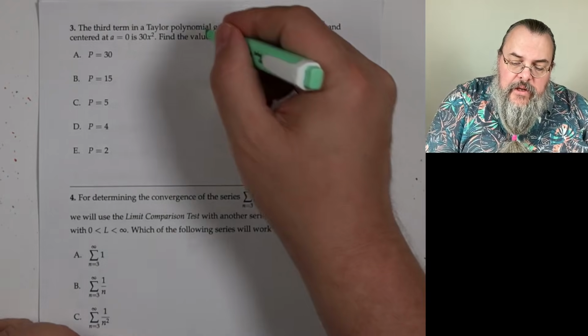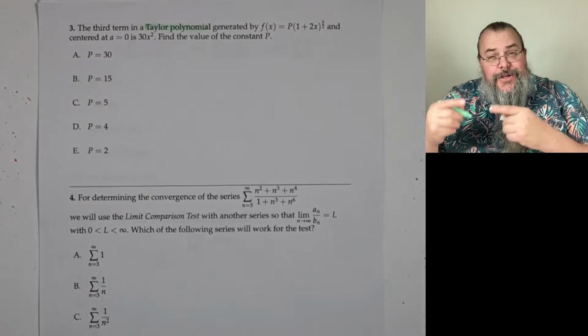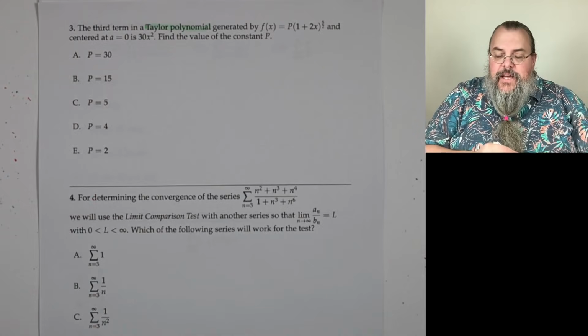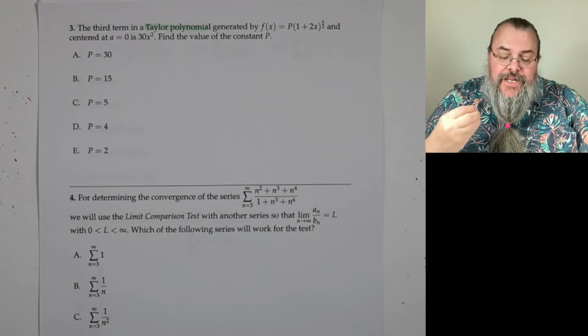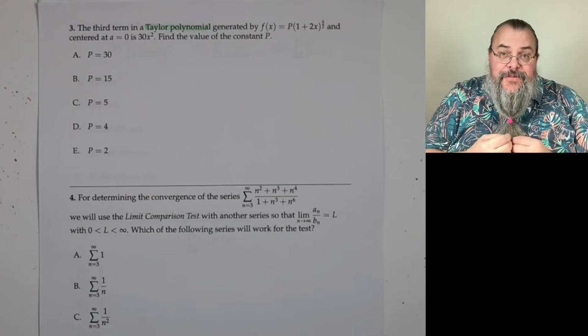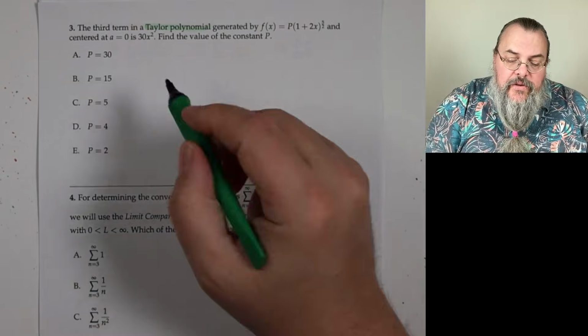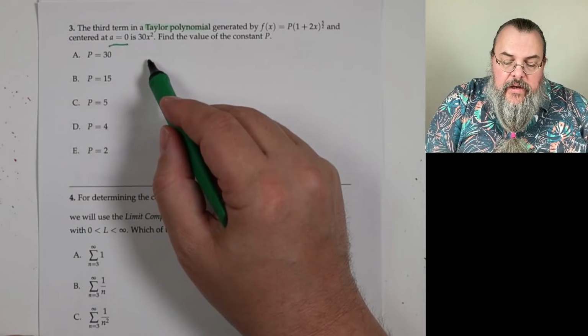Well, this is testing us on a couple of things, but the main thing is saying, do you understand what Taylor polynomials look like? And the answer is Taylor polynomials are storing information about derivatives. And so, in particular, what does it look like? Since we're centered at 0, we'd look like the following.